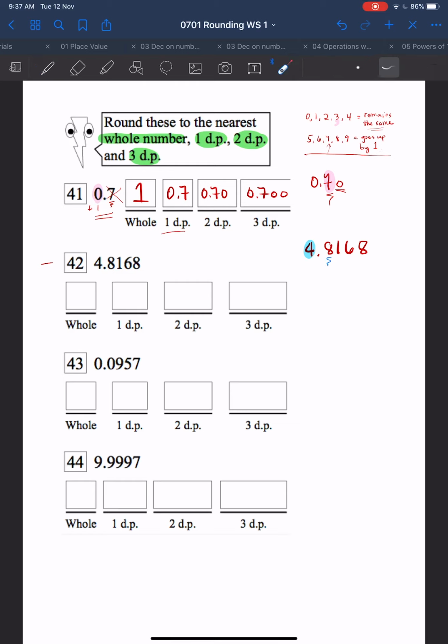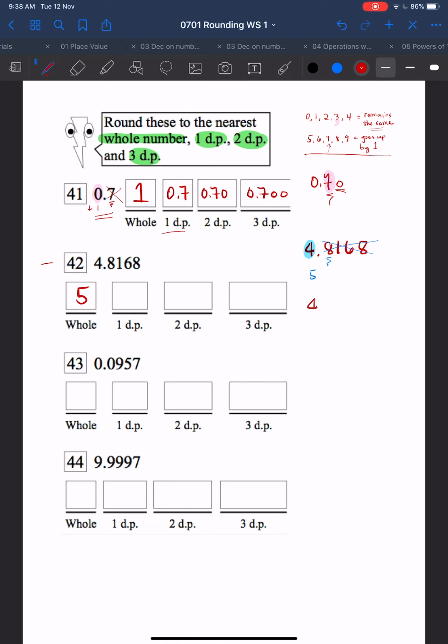So which one are we using? This one. So that means the 4 goes up by 1. So now this becomes 5, and everything else disappears. So the first answer here is 5.